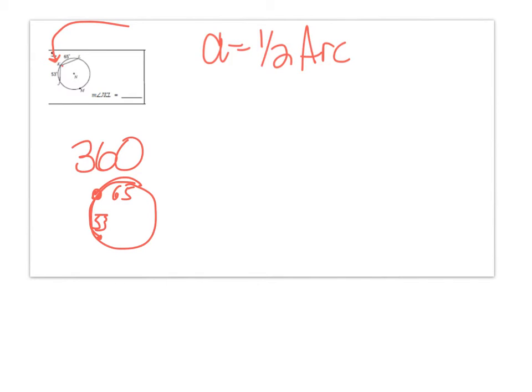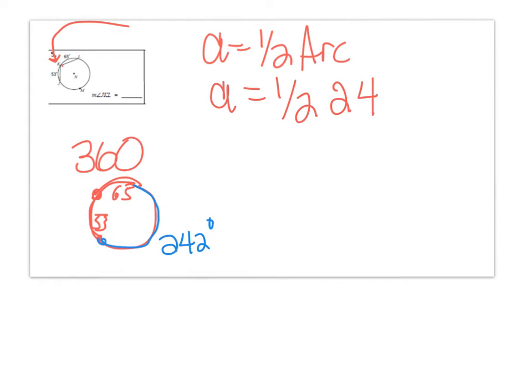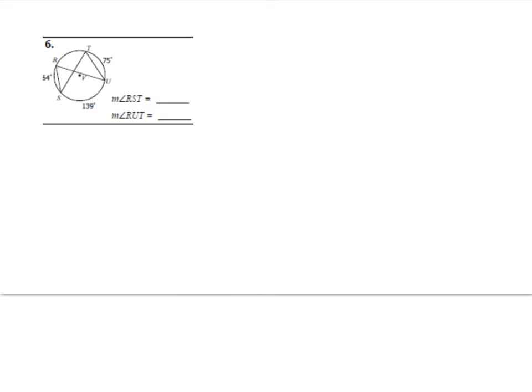So we subtract those numbers from 360 and see what we get. We find out that this arc is 242. So we go back to our formula. We're looking for the angle. The angle is equal to half the arc, and the arc is 242. We take half of 242, and we get that angle JKL is 121 degrees.